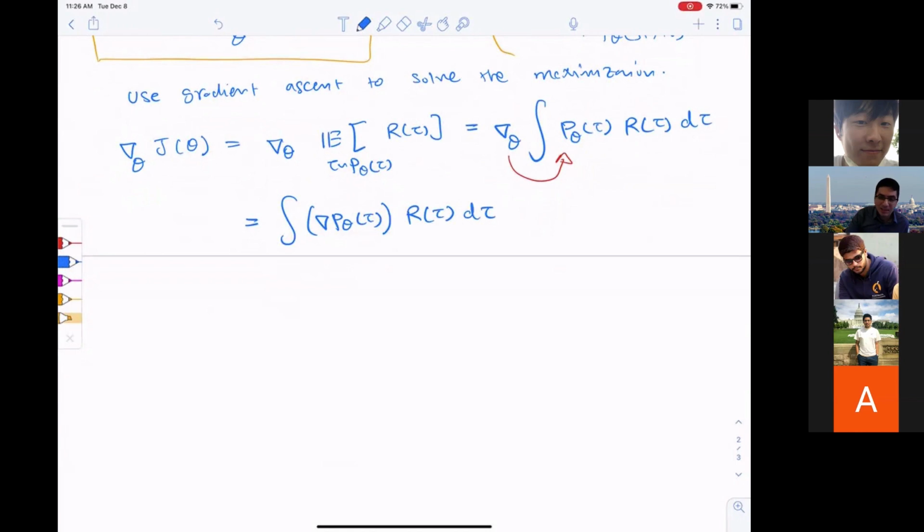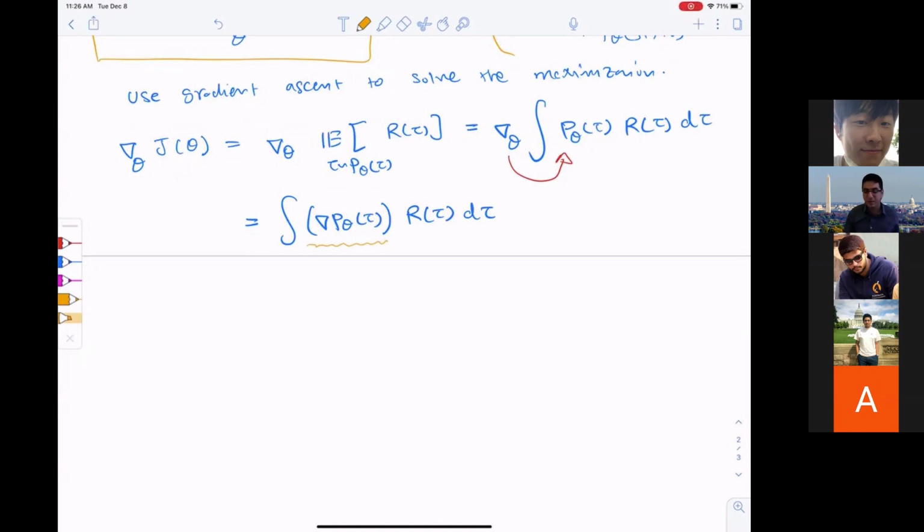So let's stare a little bit at this gradient. What is the dimensionality of this guy, the gradient of p sub theta of tau? Is it a scalar?